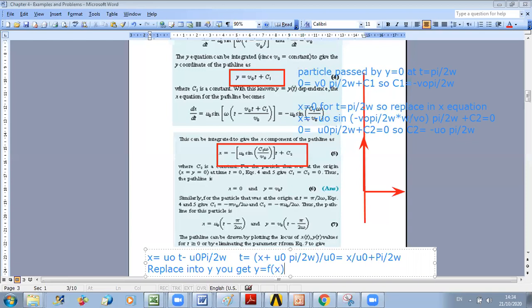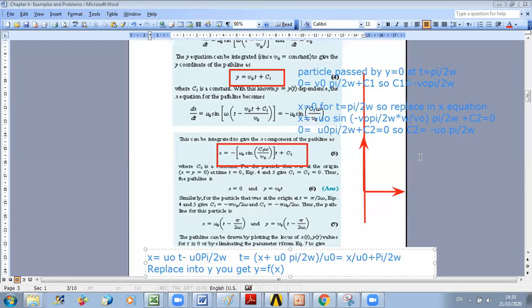This will define the path line, which is the trajectory of the particle if you follow it. Now, of course, each particle will depend on the boundary condition. So if you take a particle that passed by the origin at t equals 0, the path line will be different than the path line of a particle that passed by the origin at t equal 1.